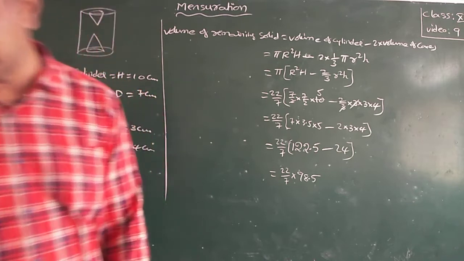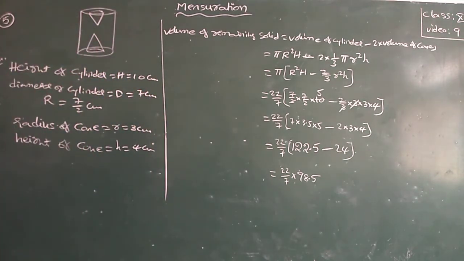Exactly I may not get it, but check once whether they have given any different calculations. 22 into 98.5 is equal to 2167.